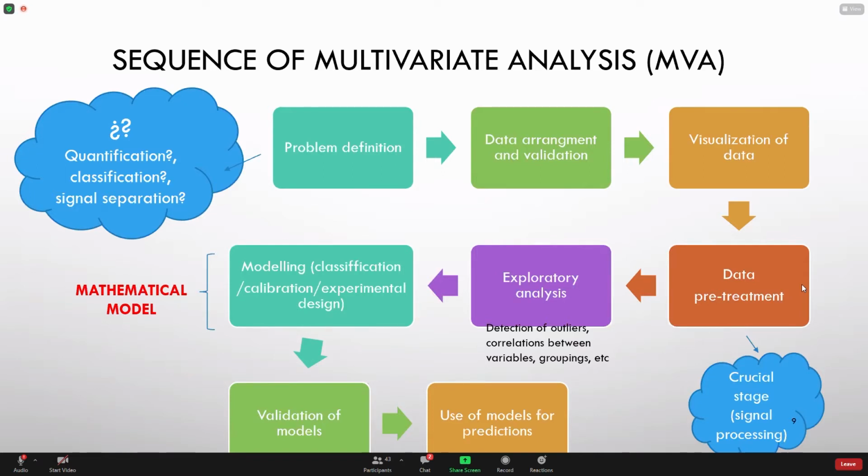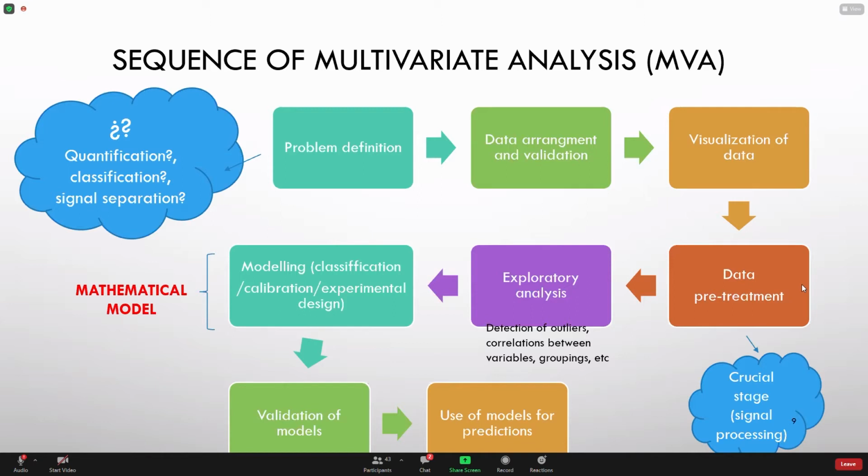We need to know the purpose of the analysis: whether it will be quantification, classification, or only a signal separation, for example if we have a signal with overlapped bands, and we must be sure about what we are expecting from the use of chemometric methods.